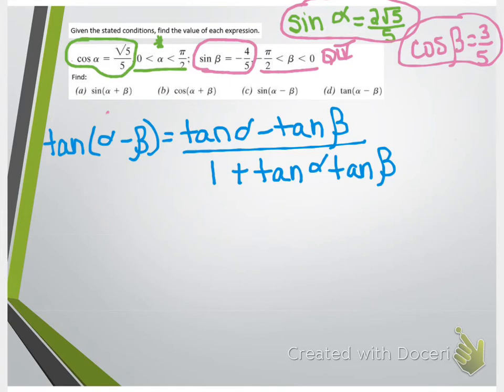Okay, so do we have our tangent values? What's the tangent of alpha? Here we go, changing colors again. Let's go over here on the side. So tangent of alpha is what? Sine over cosine.